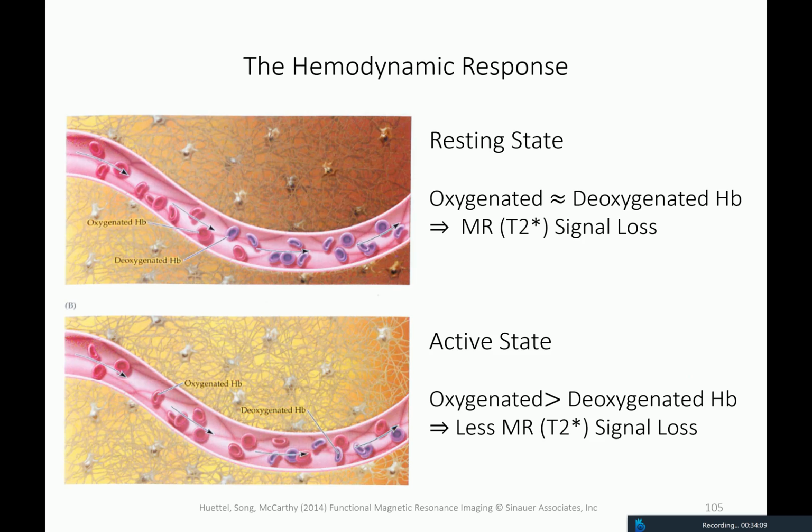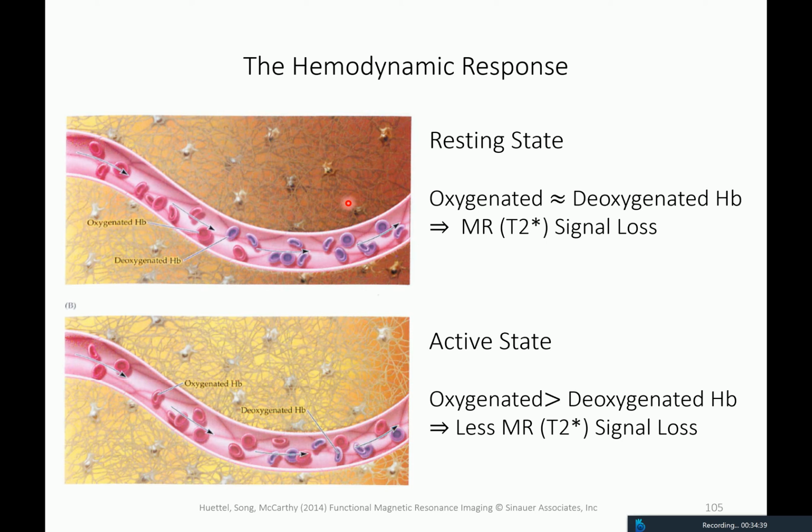Good. So now I'm trying to tie it all together in terms of the hemodynamic response. First, the BOLD idea is that in the resting state, the level of oxygenated and deoxygenated hemoglobin is roughly similar, which induces signal loss.